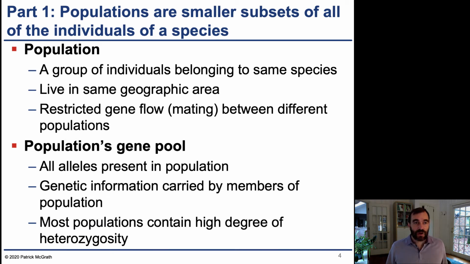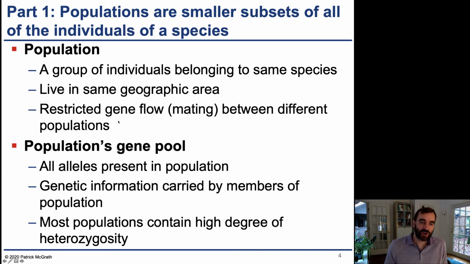To formalize a bit what exactly we mean by a population, typically what we mean is a group of individuals that belong to the same species. They tend to live in the same geographic area, and there is some sort of restriction in the gene flow, which means mating between different populations.